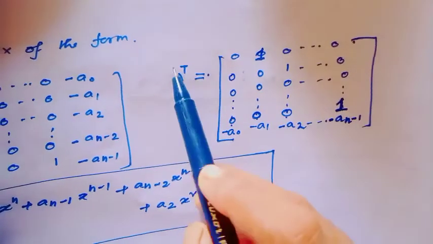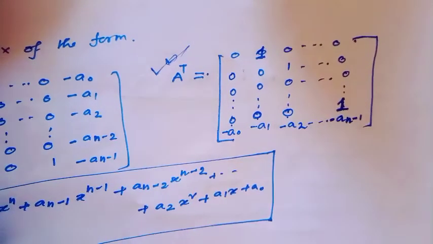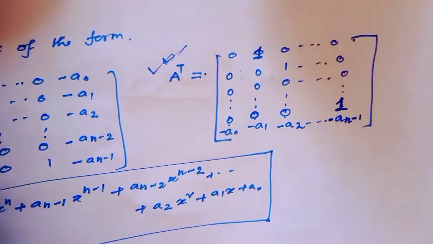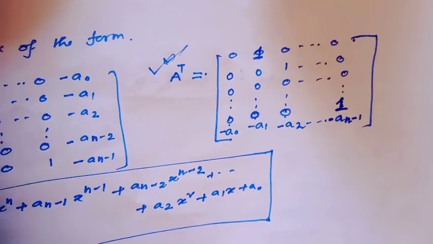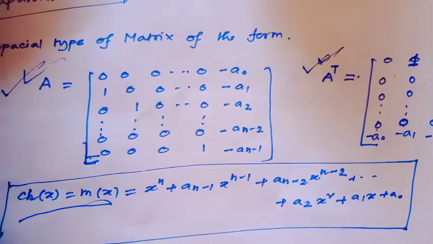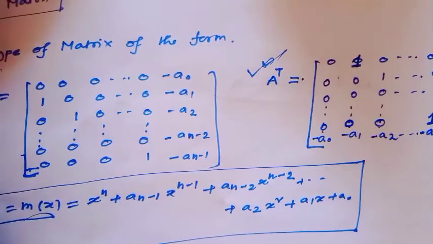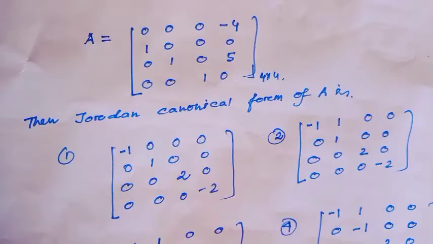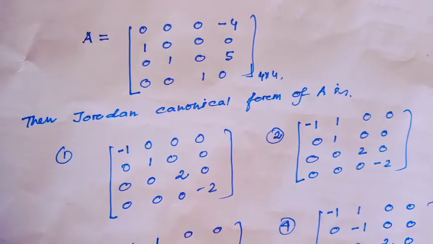Also, if it gives this form, then this is also a companion matrix, because it is nothing but the transpose of this matrix. Now I will look at one example of a companion matrix which came in a competitive exam.